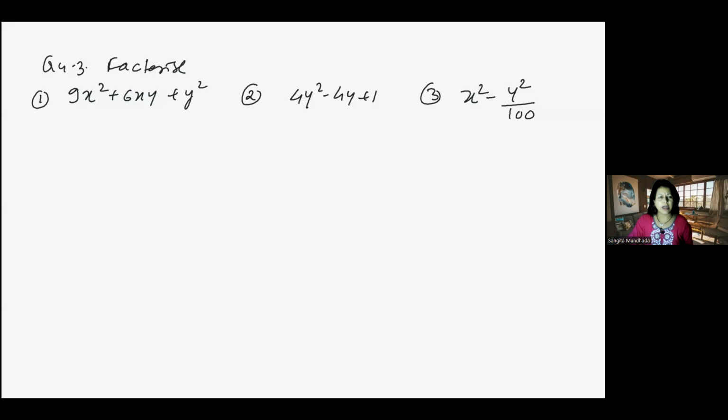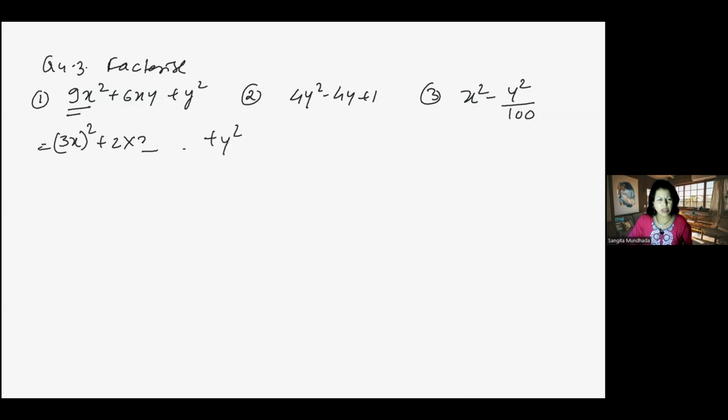Question 3, factorize using an appropriate identity. Here 9x square plus 6xy plus y square. From all three terms, is there any common factor? No. Then what do we have to do? This 9x square is a perfect square. So I write (3x) square plus 2 into 3x into y plus y square.